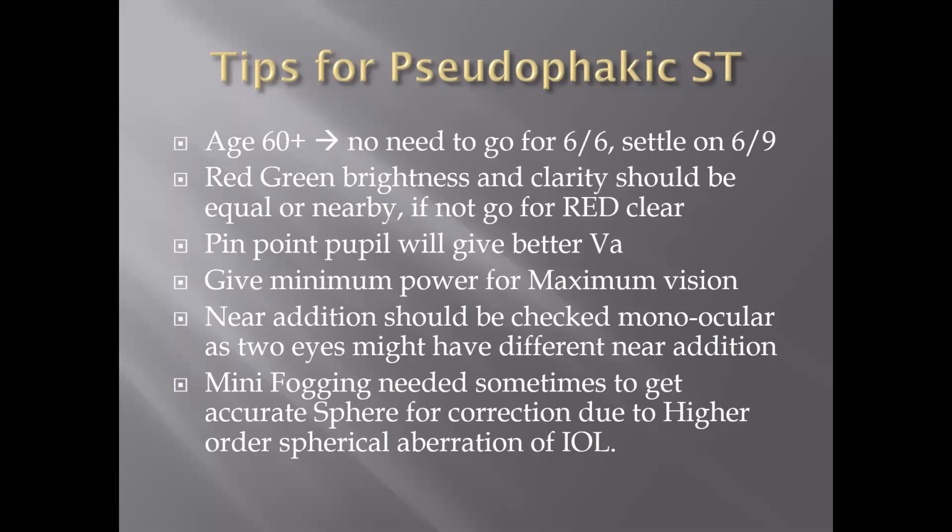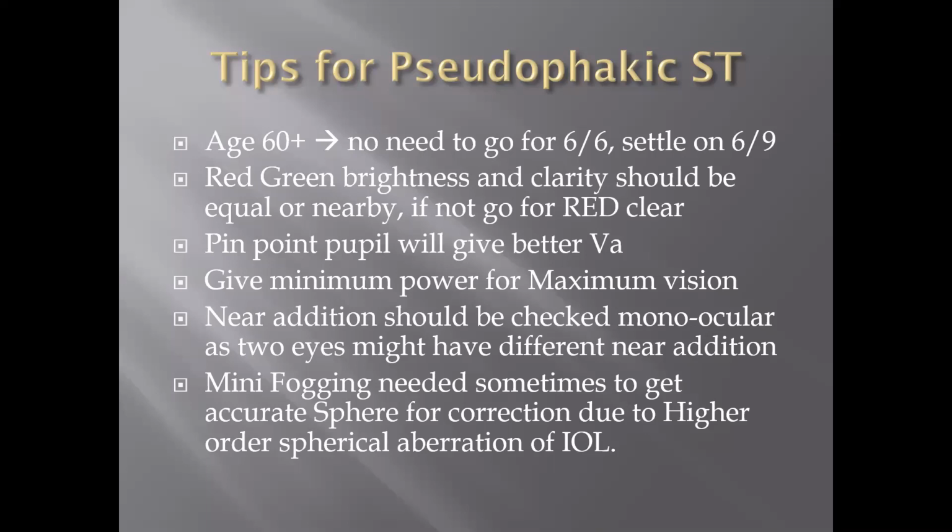So the pupil has its own power, and you have to keep that in mind whenever you start your pseudophakic refraction. Apply a torch on the eye and check whether the pupil is smaller or larger. A small pupil has its own power, just like a pinhole. As we say, a pinhole can correct a certain amount of spherical or cylindrical refractive error, and it improves the vision.